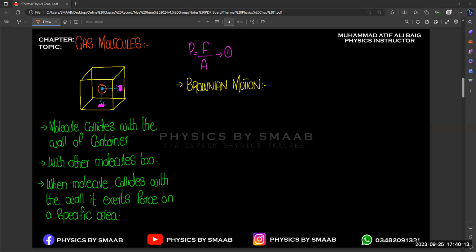So if we start with the concept of Brownian motion, we know that all matter is made up of tiny particles, right? So we already know about this.